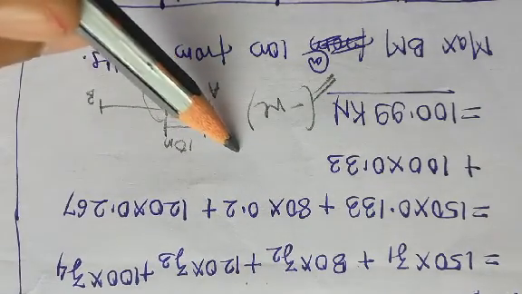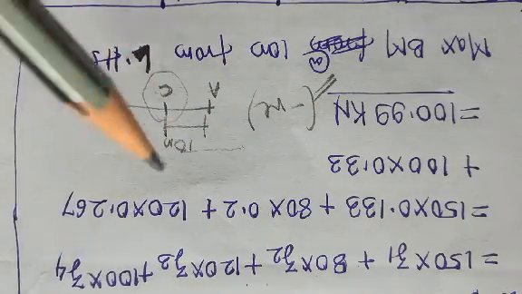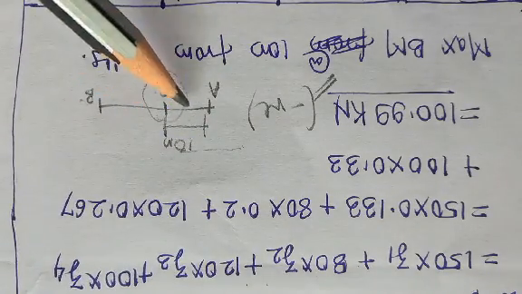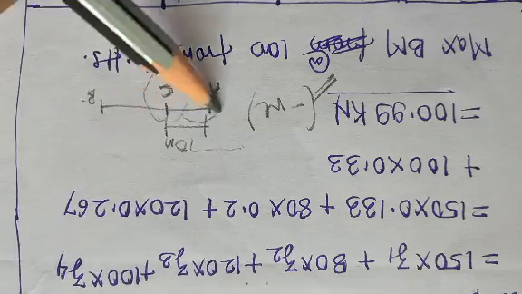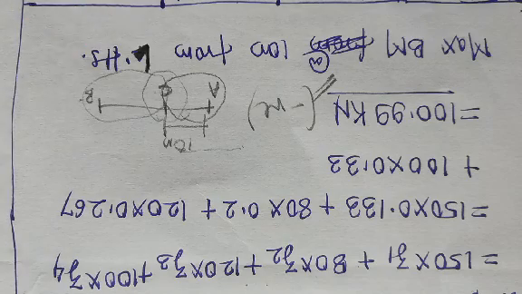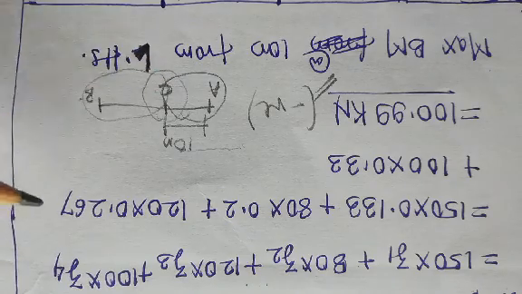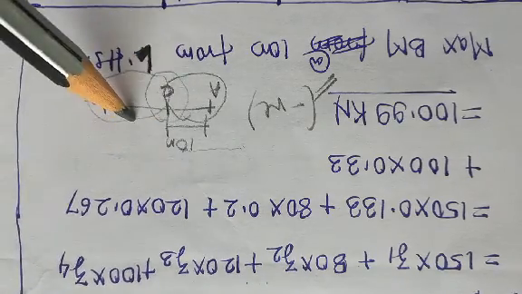Once the load starts moving from left to the right, we have to check which side, whether AC or CB, is heavier. Whenever we are checking this way, we have to allow one load to pass one by one over point C.